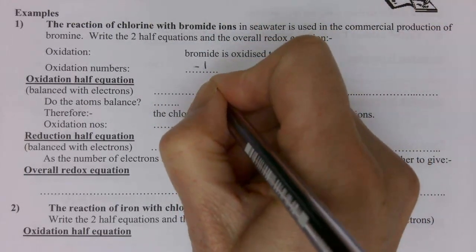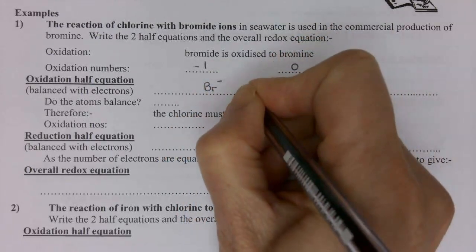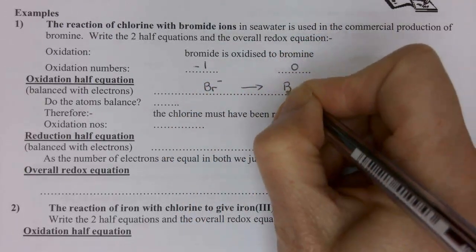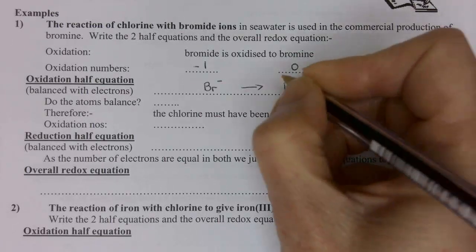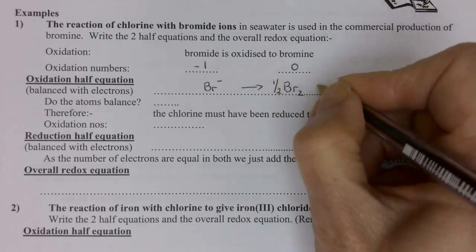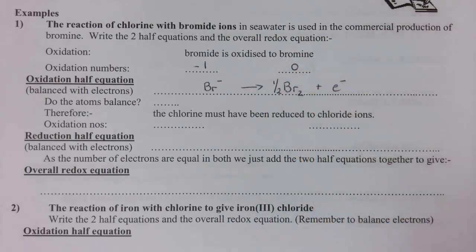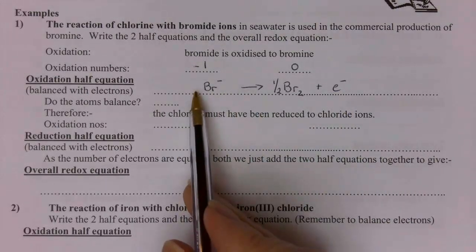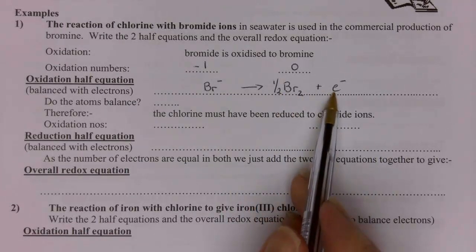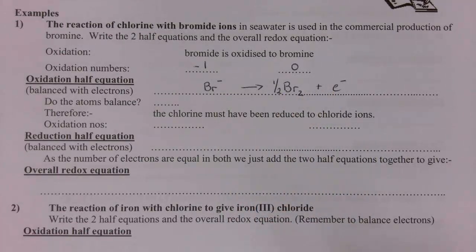So we're going from our bromide ion to our bromine molecule, and put a half in front of that, and an electron. Again, I could double this up and put in 2 in front of this one and 2 there. The chlorine, therefore, must have been reduced from chlorine to chloride.